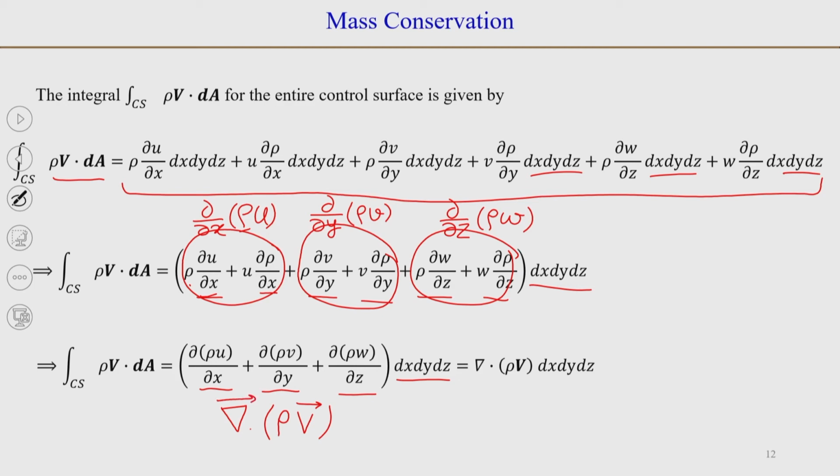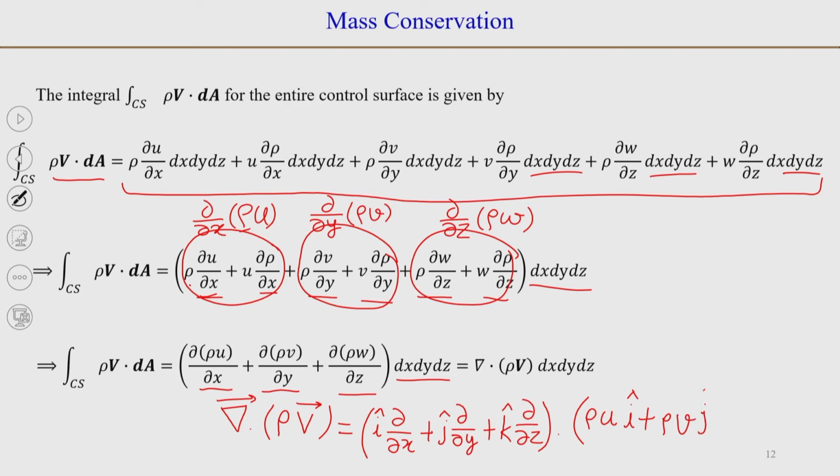If you remember, the del operator is i ∂/∂x plus j ∂/∂y plus unit vector k ∂/∂z, and take its dot product with ρ v, so the dot product with ρu i plus ρv j plus ρw k.